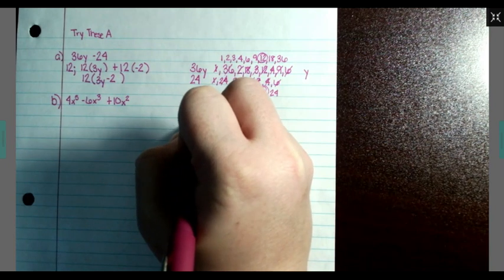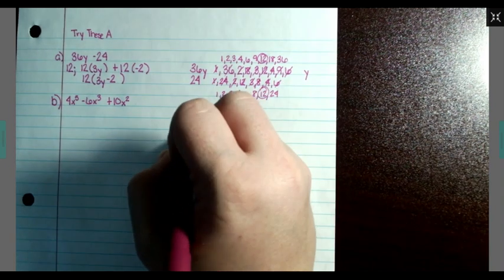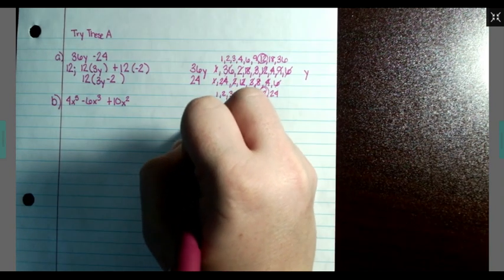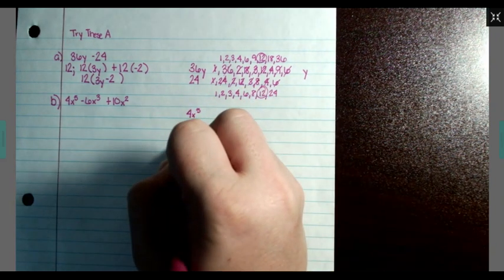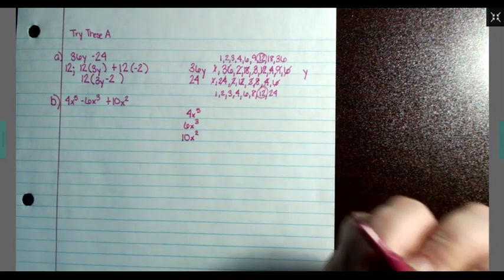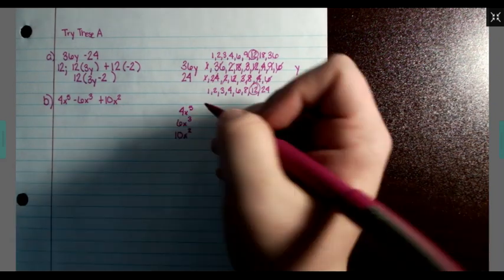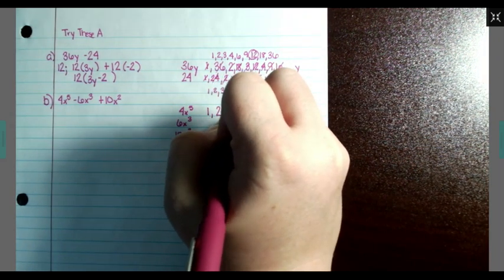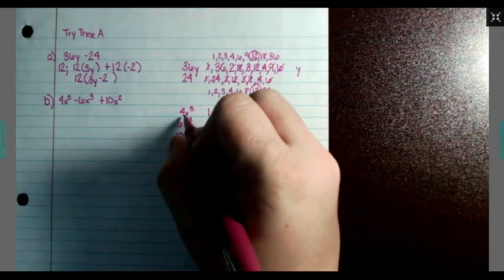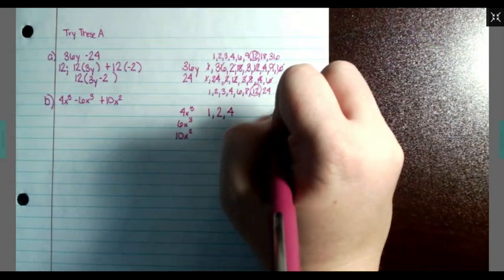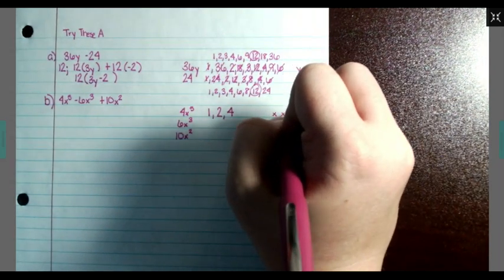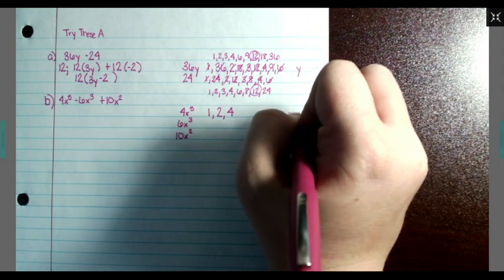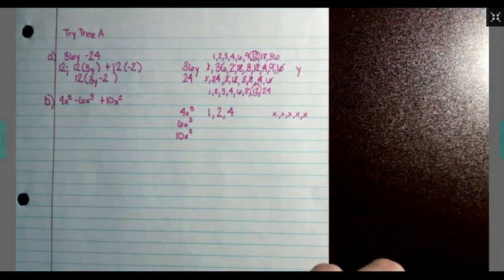So I have 4x to the 5th, 6x to the 3rd, and 10x squared. For 4, I've got 1, 2, and 4. And over here, because we've got 5 x's, I can write those down. 1, 2, 3, 4, 5.